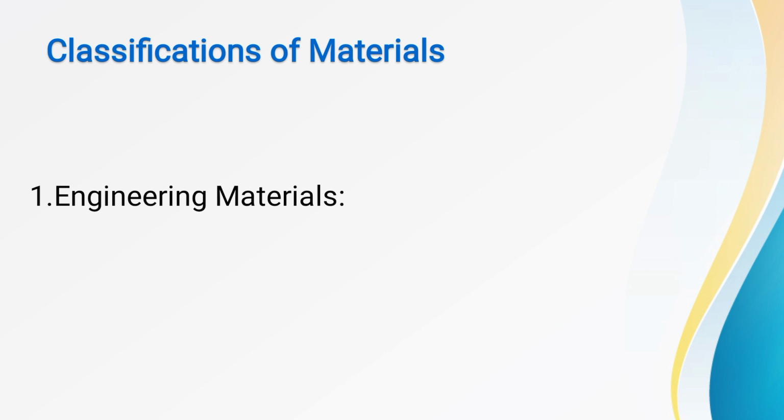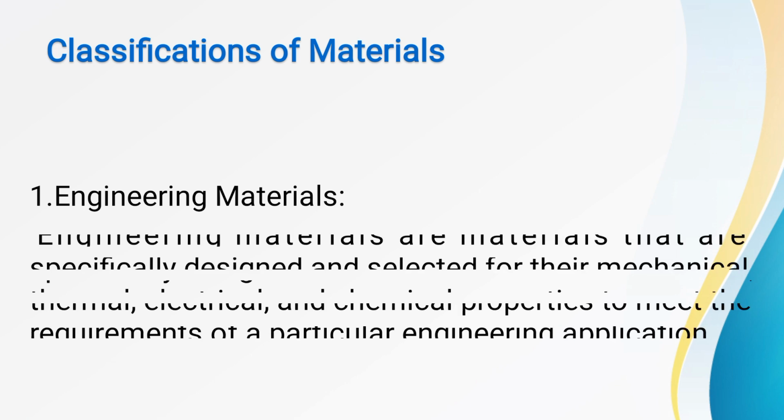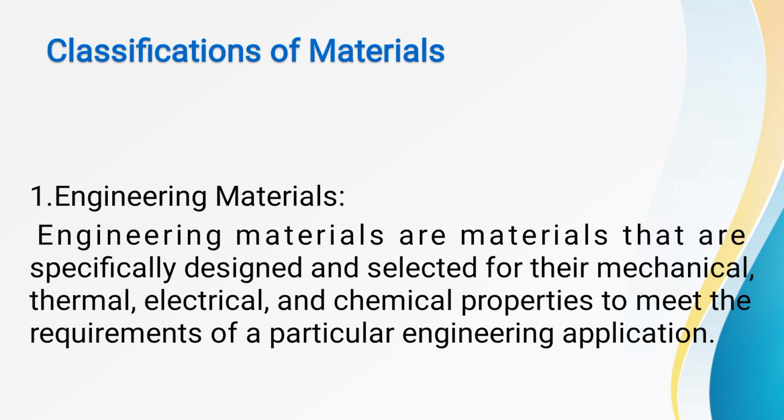So broadly, construction materials can be classified into several categories based on their composition and characteristics. The first classification, we are going to classify construction materials as engineering materials.